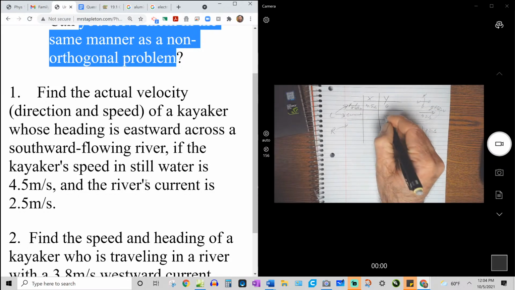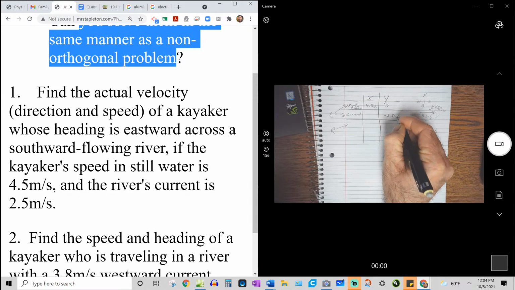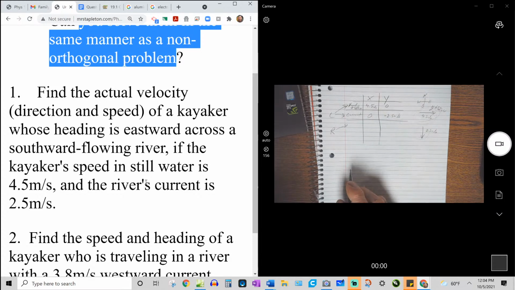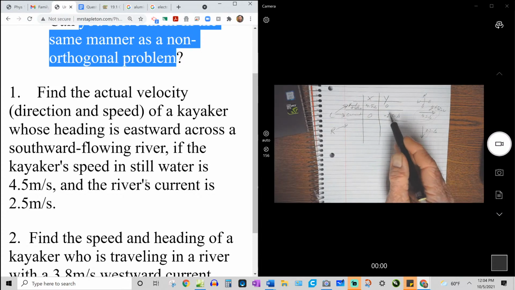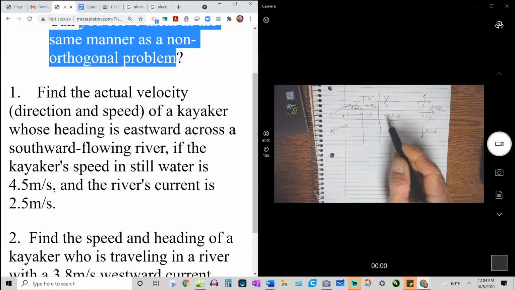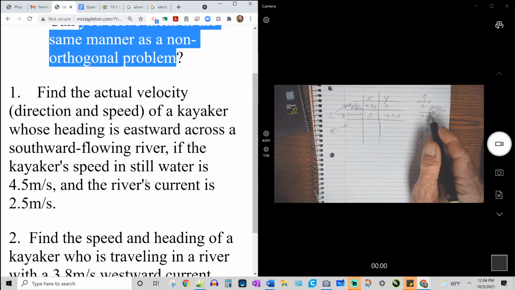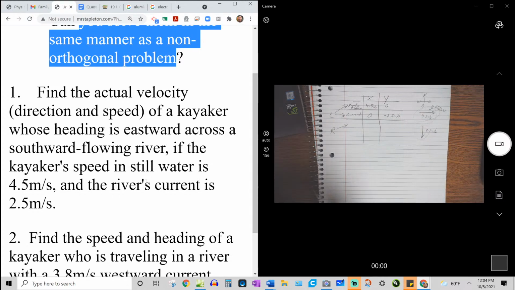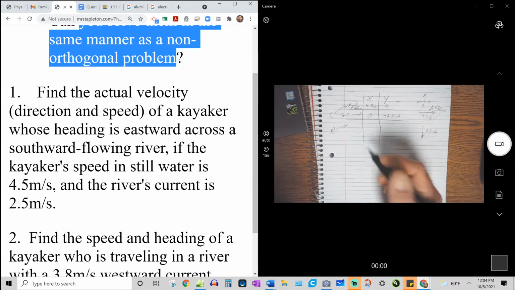So y is negative 2.5 and x is 0. So if we were doing a non-orthogonal problem, we'd have an x and a y component because it's not straight up and down, it's not straight left and right. We wouldn't have these zeros. It just looks a little funny because I'm creating the table, and we don't usually do that here.